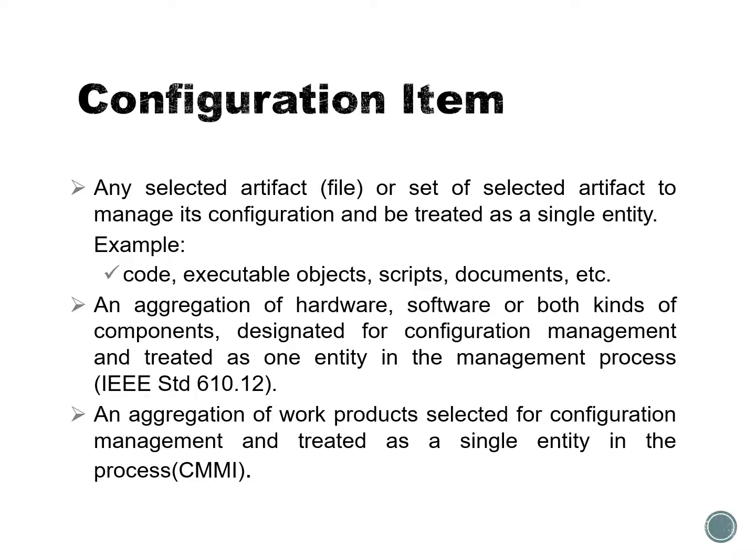And of course, these can be the source code itself, the executable objects, the scripts, the documents, the graphical assets, these sort of things, which are required to use one logical module of the product. It doesn't always have to be one library of source code or something like that.